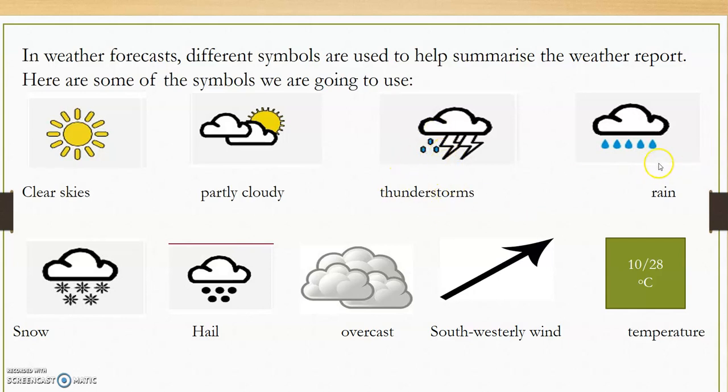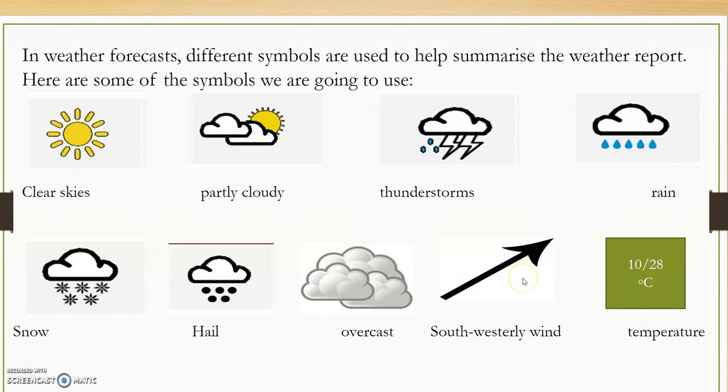And then we have our rain, and we said that was the symbol. Snow, we said that it's got some snowflakes or little stars that fall out of the cloud. That's the symbol for snow. And then for our hail, we said it's a cloud with solid circles. Then overcast, we cannot see the sun at all. It's completely obscured. It's just clouds, which means the sky is completely covered.